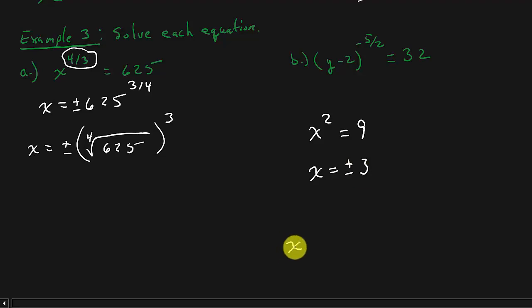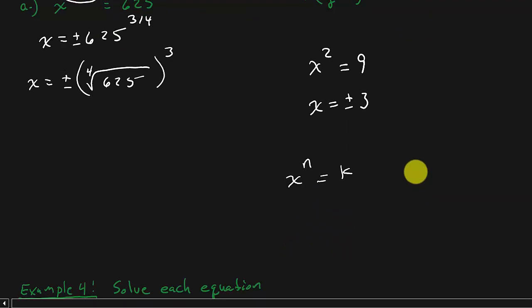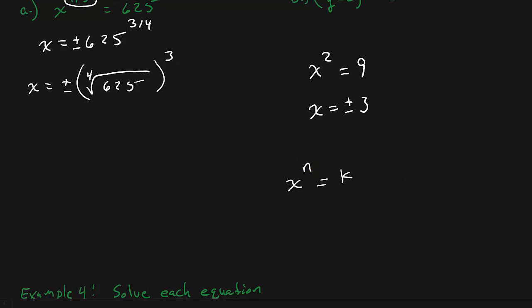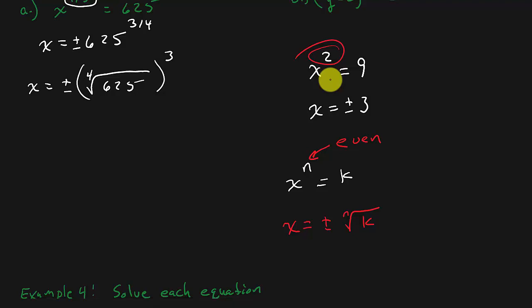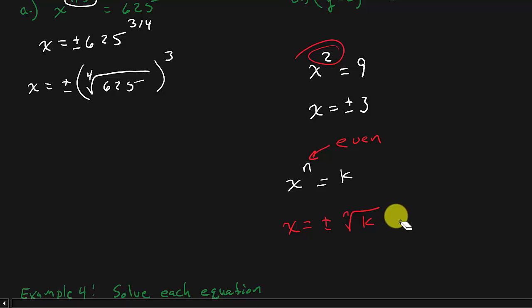Okay, so if you've got x to the n equals some number k, and if this exponent here is an even number, then x is equal to plus or minus the nth root of k. All right? It goes with that square root property. Okay? If the exponent is an even number. Okay? All right. So if you look at this, we're taking the nth root of both sides, right? The nth root of both sides.